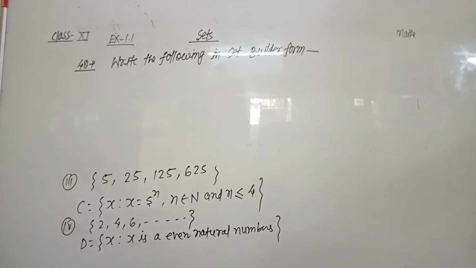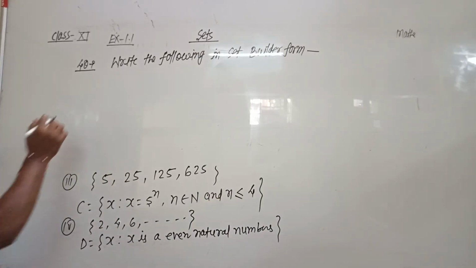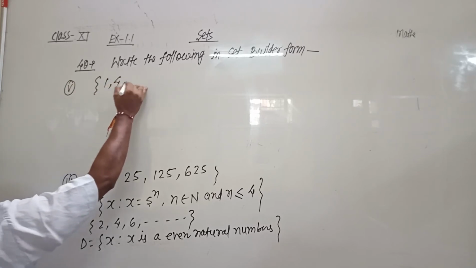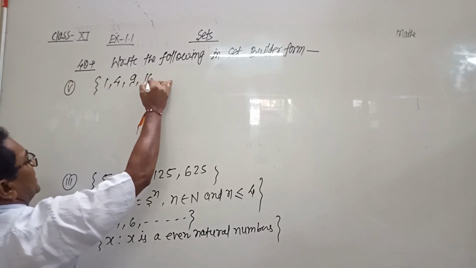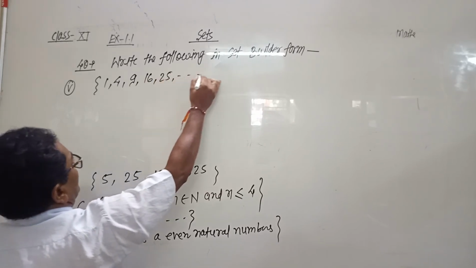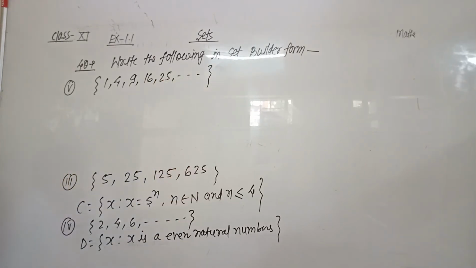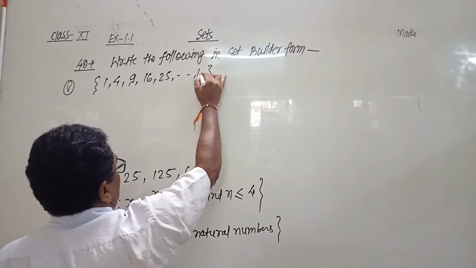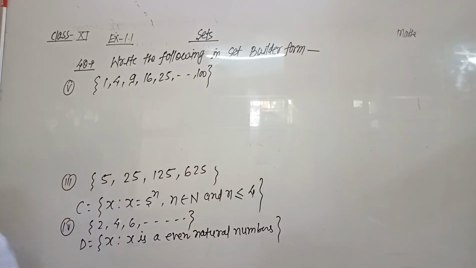Then the fifth part: 1, 4, 9, 16, 25, dash dash, up to 100.